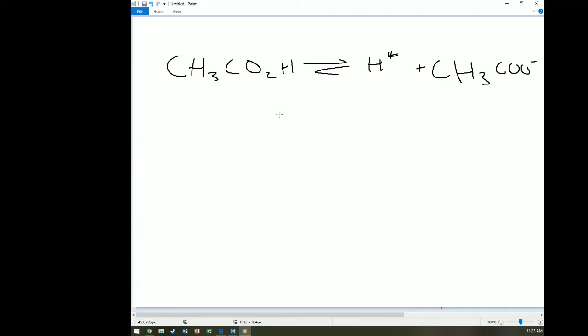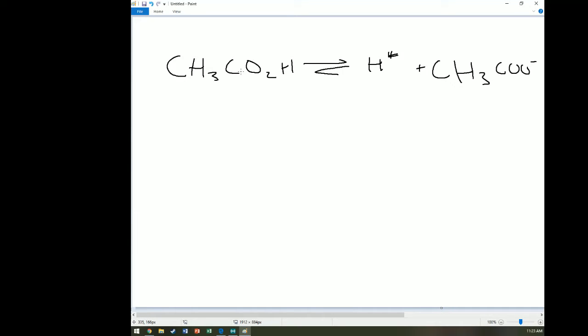Now, if we add acid, this equilibrium is maintained in a buffer solution. It's pretty clear that if we add H plus here or any kind of acid to it, this equilibrium will shift to the left side, and therefore you essentially remove this strong acid and convert it to a weak acid.